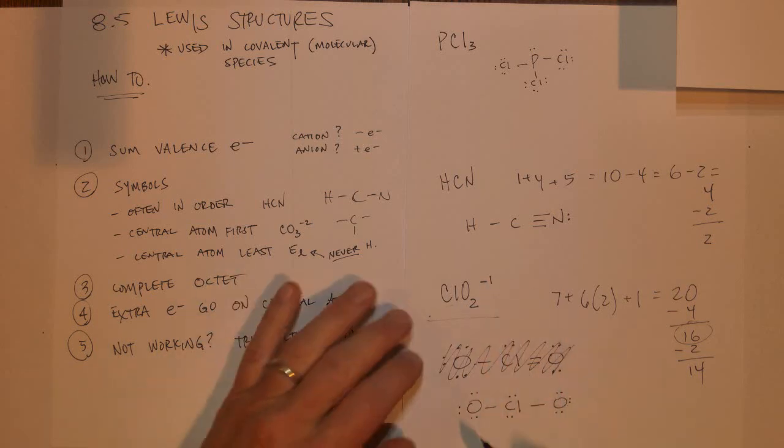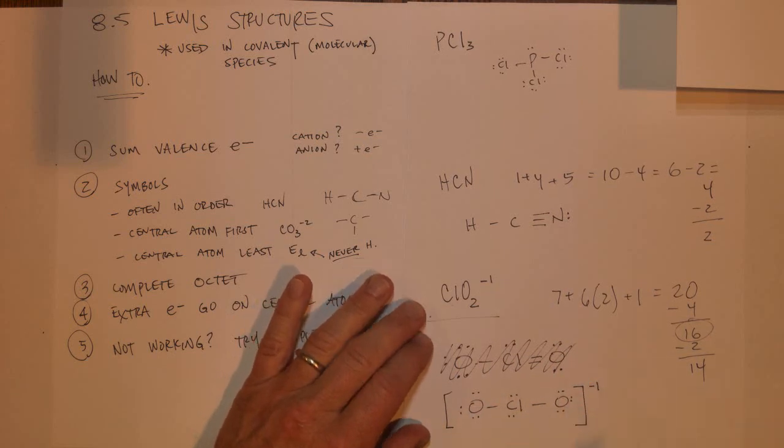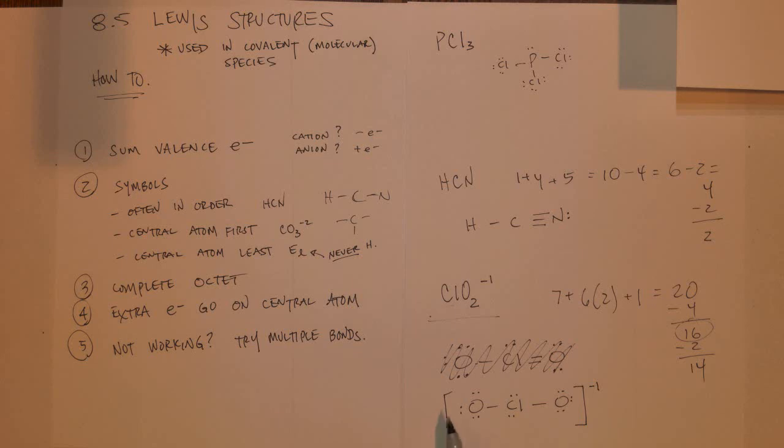Now, since it's an ion, I have to put it in brackets and then put a little -1 here in the upper right-hand corner to indicate that it's an ion and it has an extra electron. Completed the octets. I didn't even have to do the multiple bonds part. And now you've seen several Lewis dot structures done, and you have to practice some of these Lewis electron dot structure drawings.